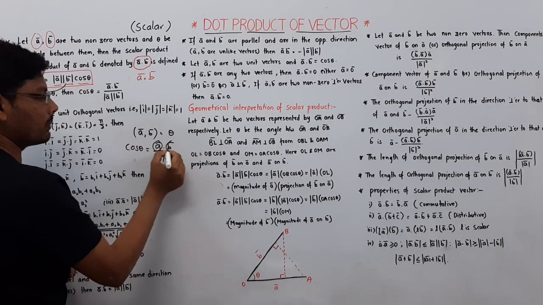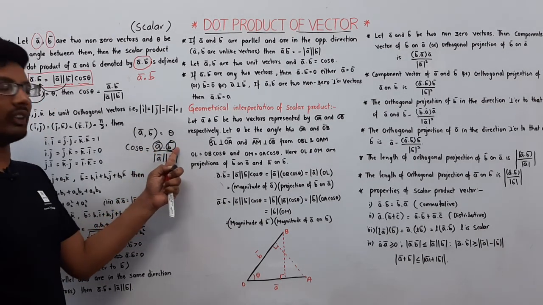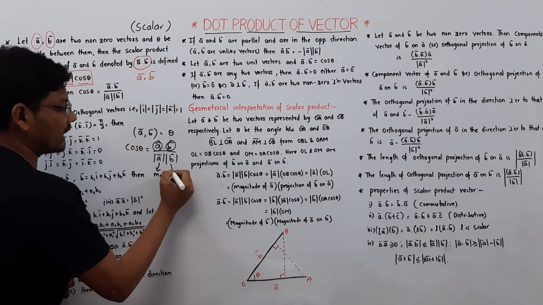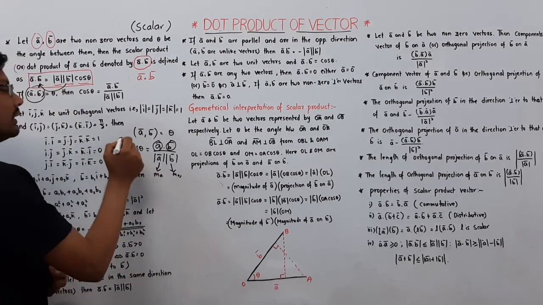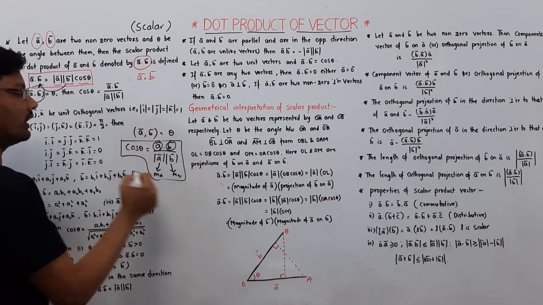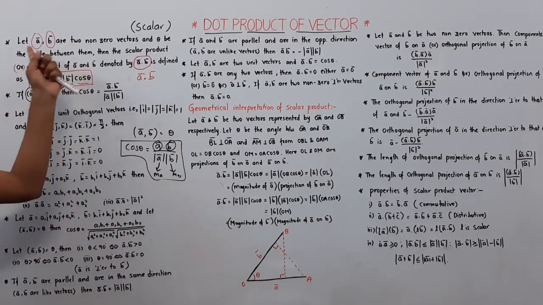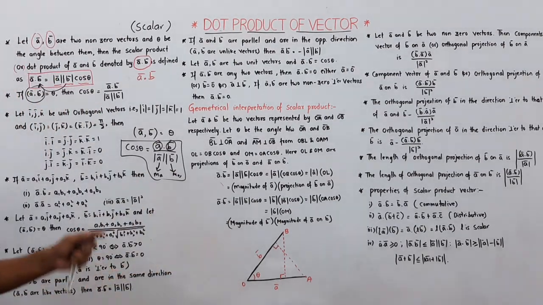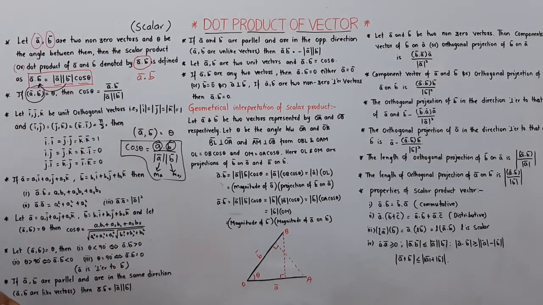Here mod a bar is the magnitude of vector a and mod b bar is the magnitude of vector b. This is the angle between the two vectors a bar and b bar in the 3D coordinate system, and the two vectors are non-zero vectors.